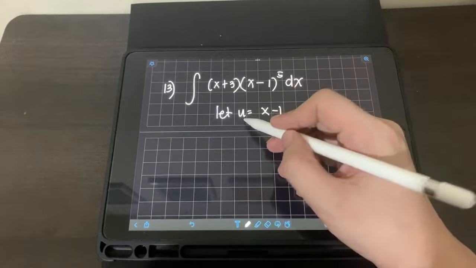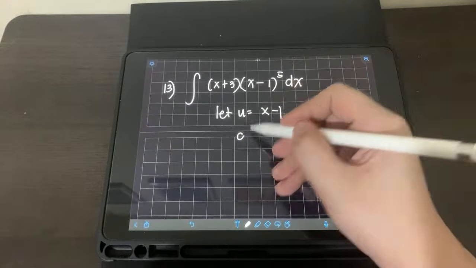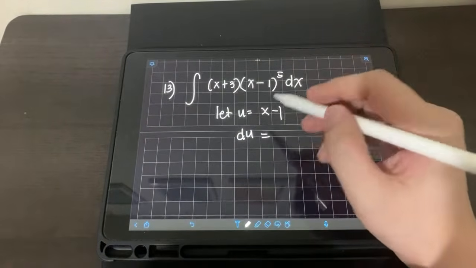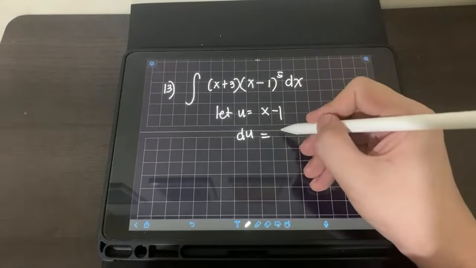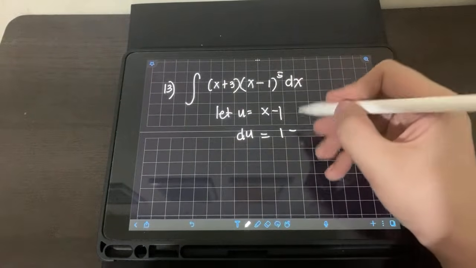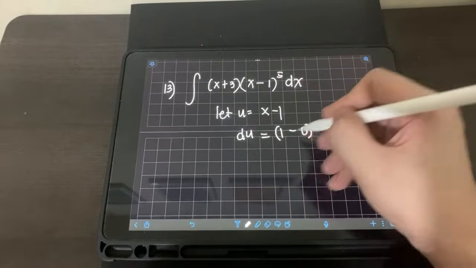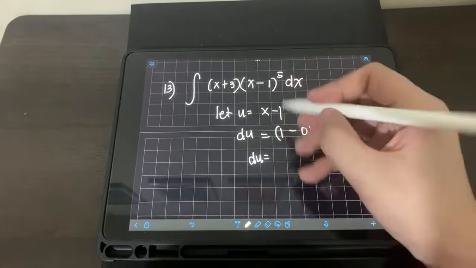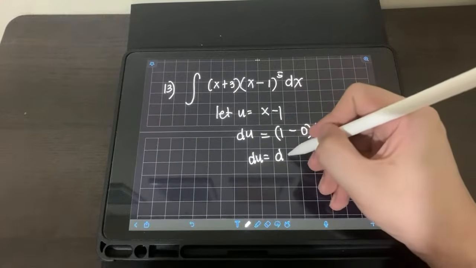So what is the derivative of u? du equals what's the derivative of x minus 1? Derivative of x, 1, minus derivative of 1, 0. Then don't forget the dx. So therefore, you just have du is simply equal to dx.